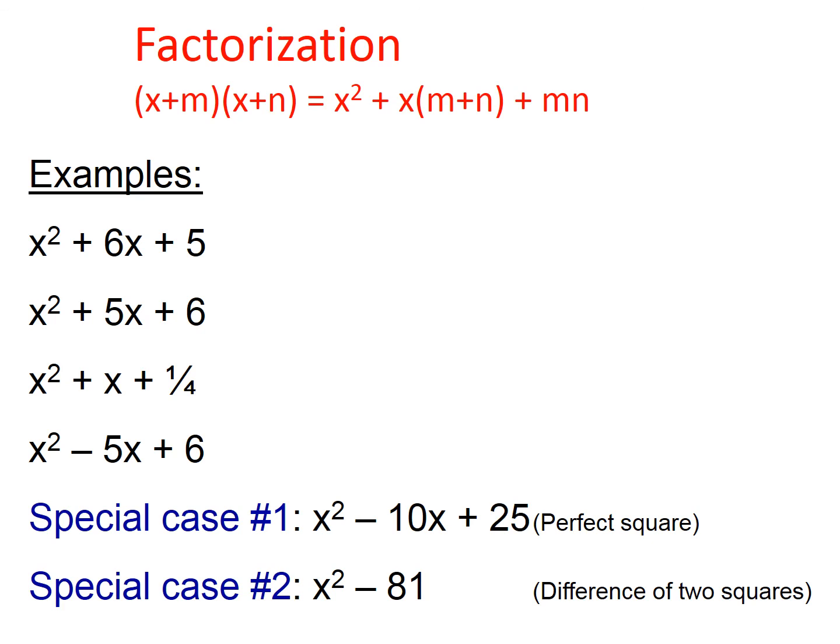So if you times 9 and minus 9 together, you get minus 81, but if you add minus 9 to 9, you get 0. So this is basically the difference of two squares, because you're cancelling out those two terms.